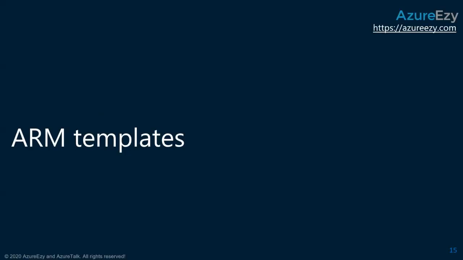Now talking about the next topic, which is ARM template. So far we have discussed the various things you need to take care of when you create your VM, whether in terms of configuration of the VM, such as size, operating system, naming convention, high availability, or in terms of a different aspect, which is networking-specific things.